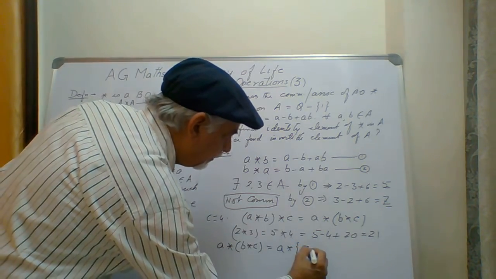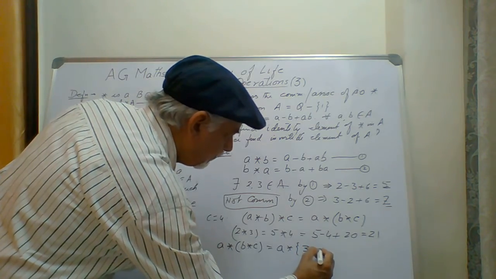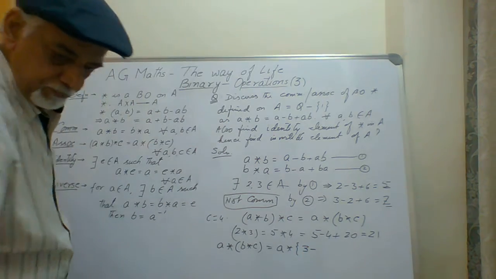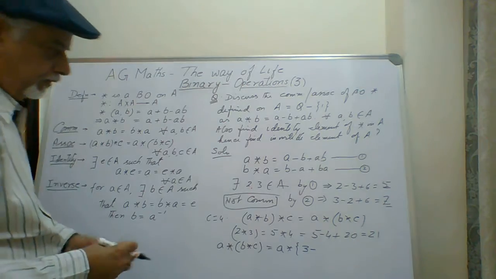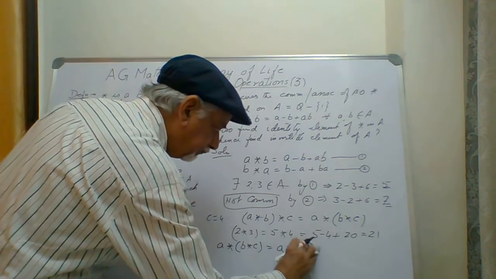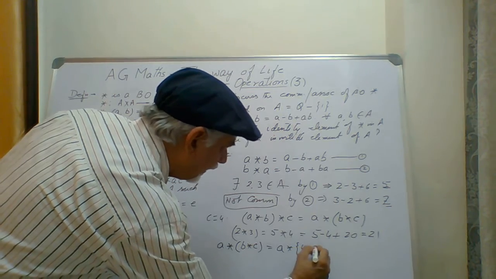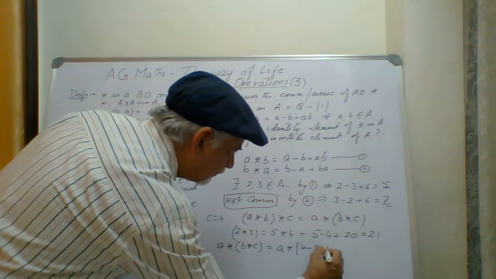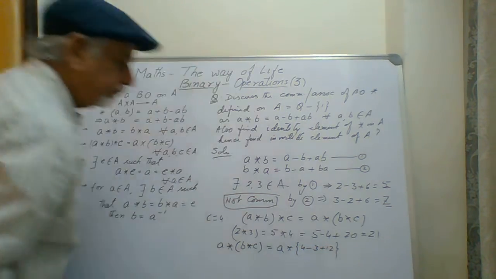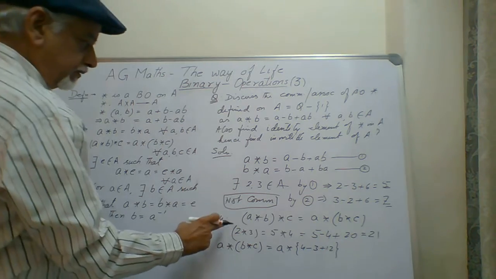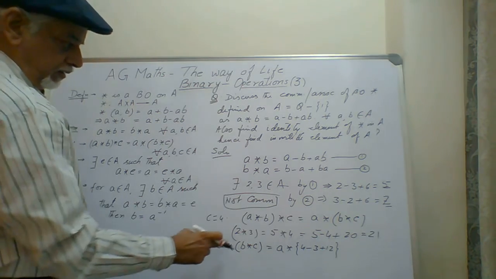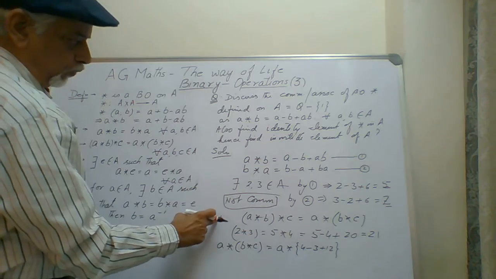So B minus C, no? It is 4 minus 3 plus 12. Correct? So B is 3, C is 4.